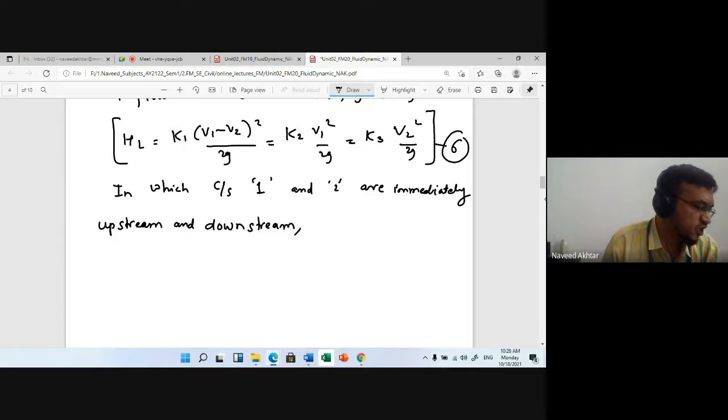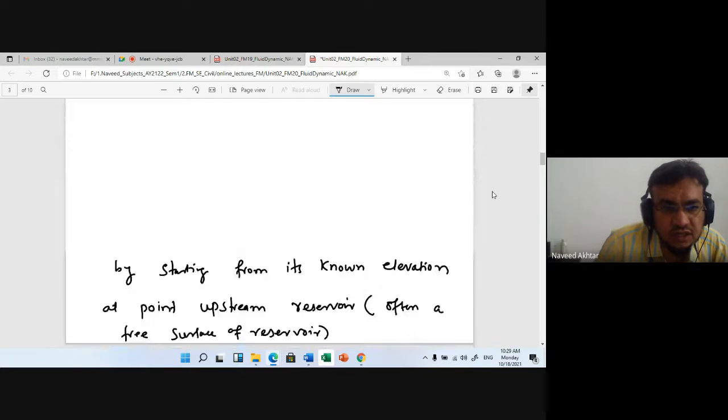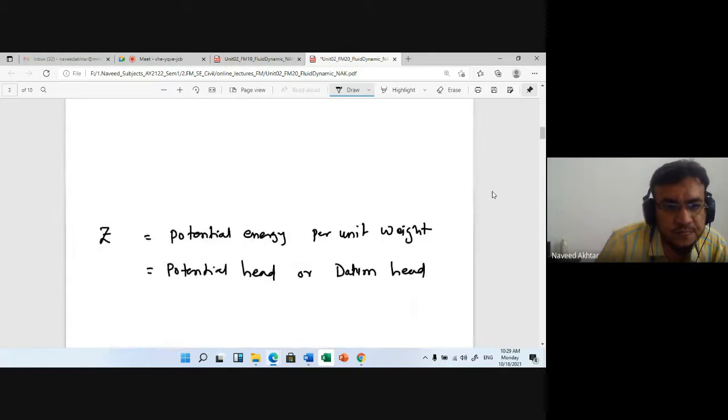These losses arise from a sudden change in cross section, or sudden change in pipe geometry. So you can see here in this figure that the pipe geometry is changing.